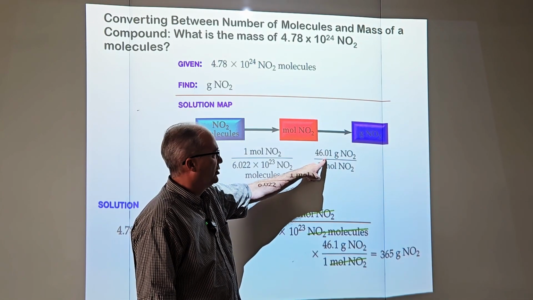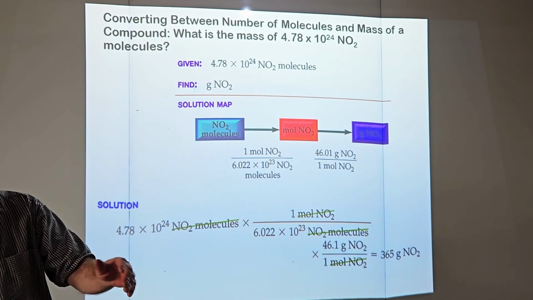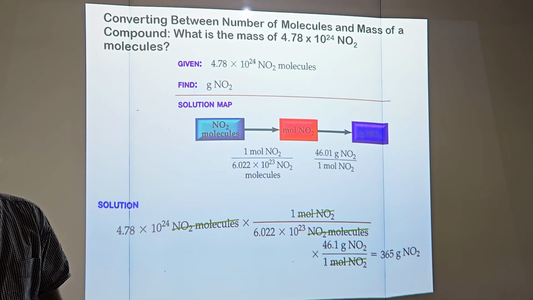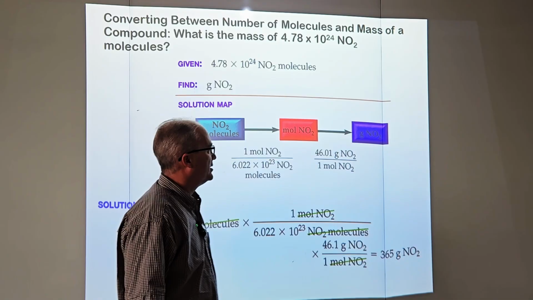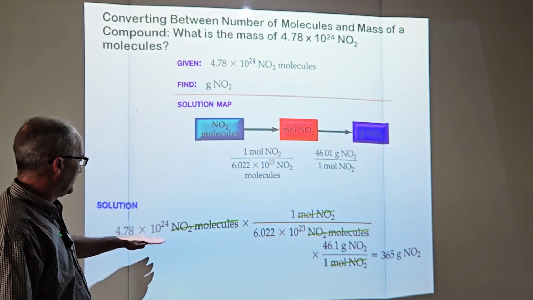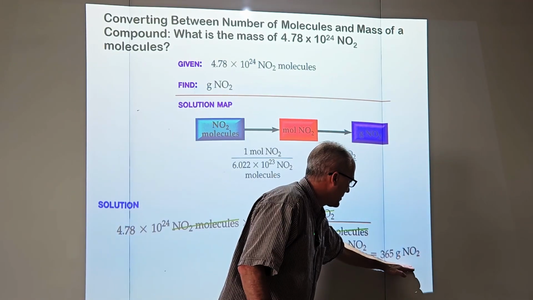And so here is the molar mass, where I take 14.01 and sum that with 2 times 16 to get to 46.01 and multiply that across. And so I've gone from particles to moles to mass.